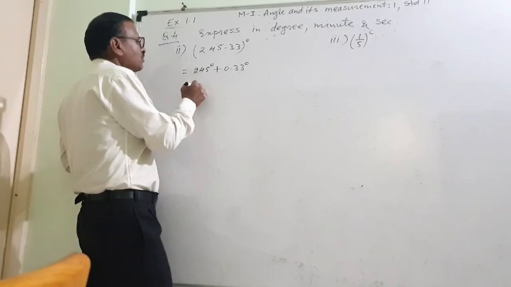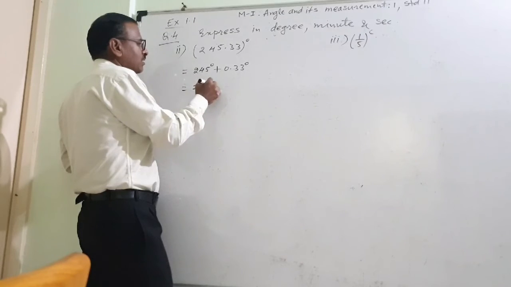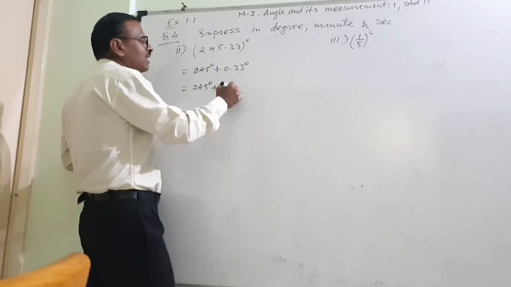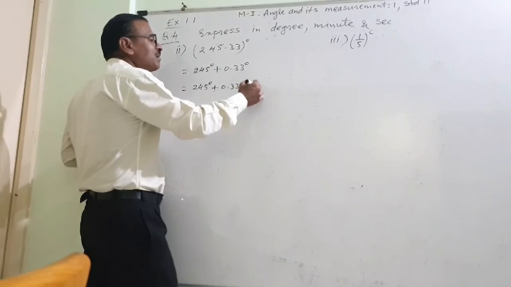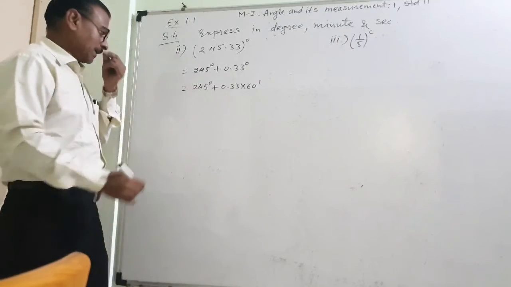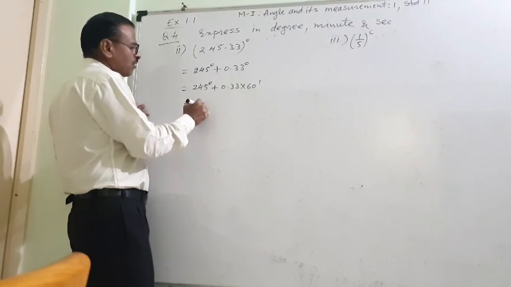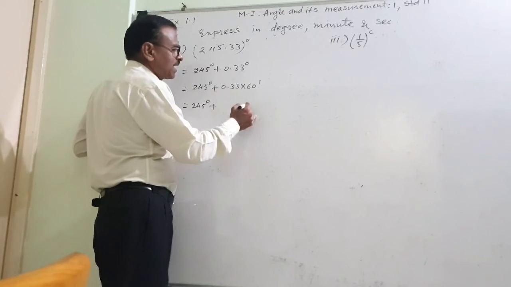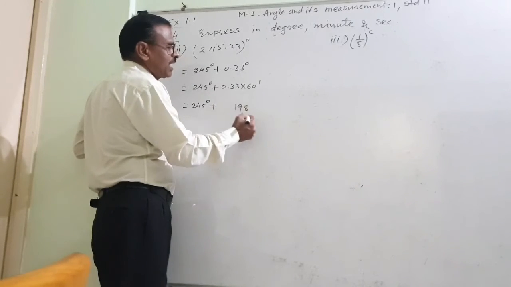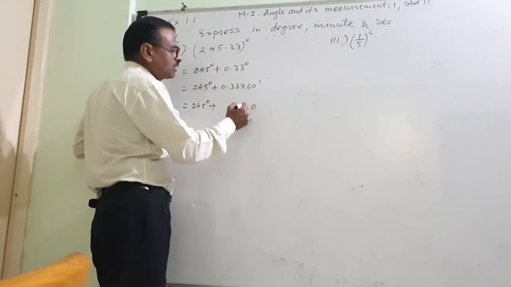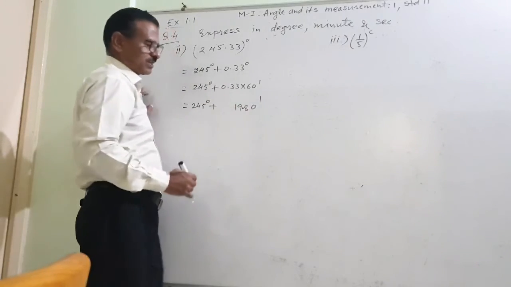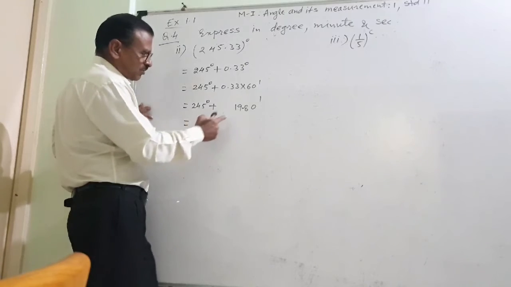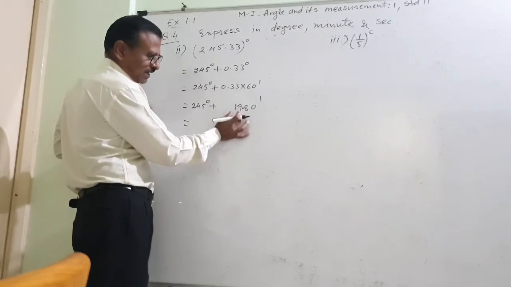So that is equal to 245 degree plus 0.33 into 60 minutes. That is equal to 245 degree plus. Now I will multiply: 6 3s are 18, 6 3s are 18, 1 is 19, and this 0, 2 decimals, 2 decimals. This is minutes.